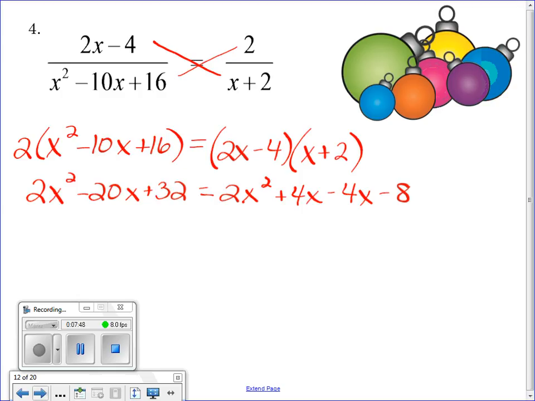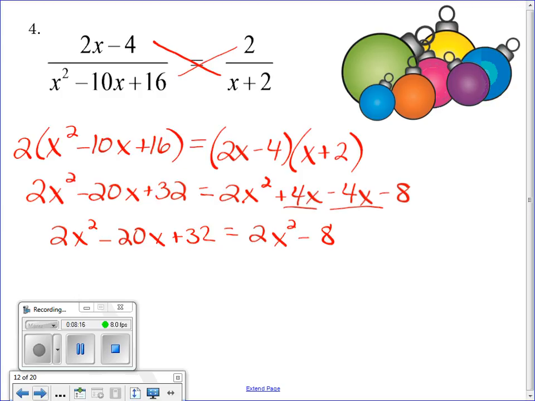Oh. All right. So 2x squared minus 20x plus 32. Just going to kind of clean up this side over here. What happens to the x's over here? They canceled out? Where did I lose you at? Did you find it? Oh, yeah, because this 2x times positive 2 give me the positive 4x there.